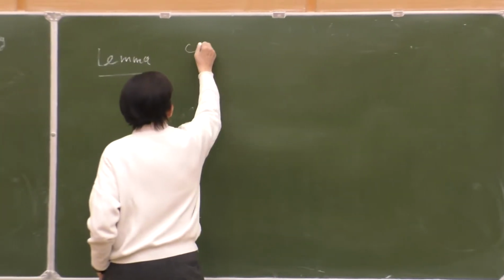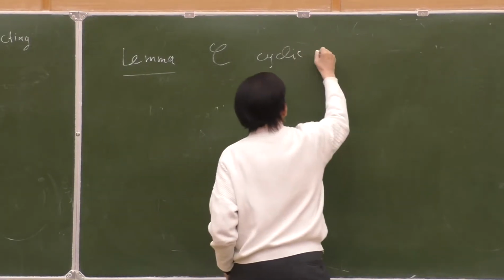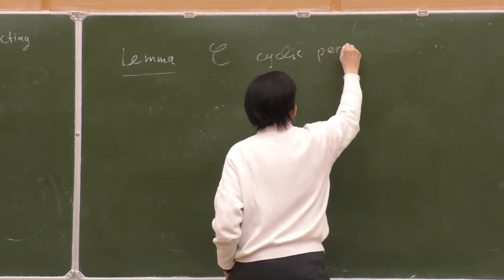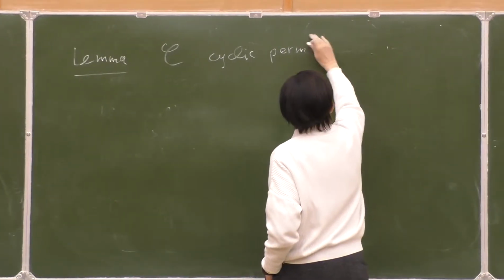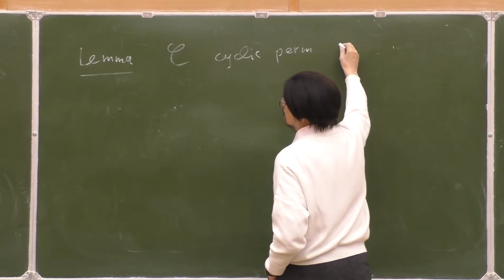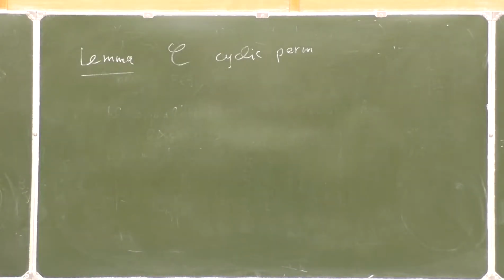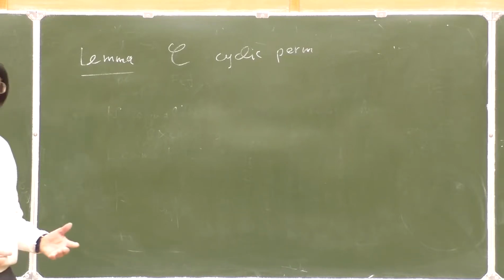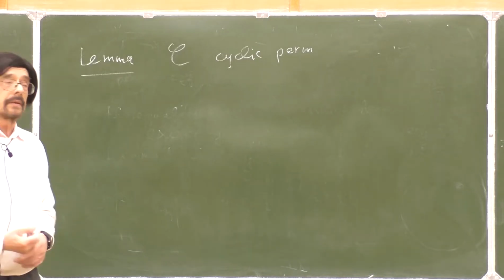So C, cyclic permutation, and I have the family, but now the double counting will be somewhat different with a weight.